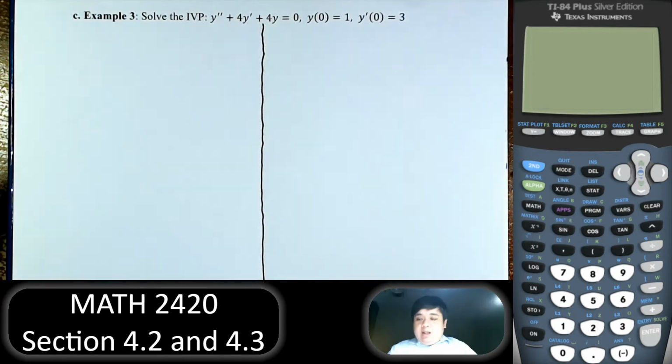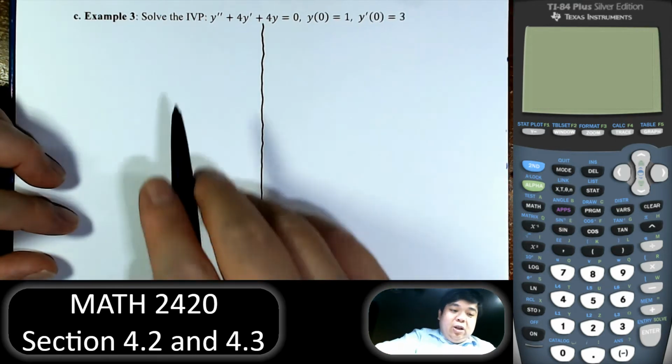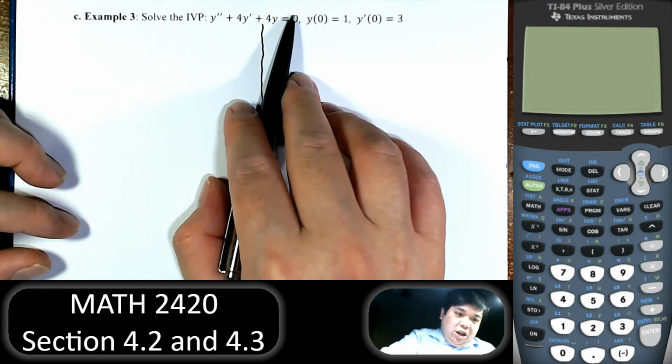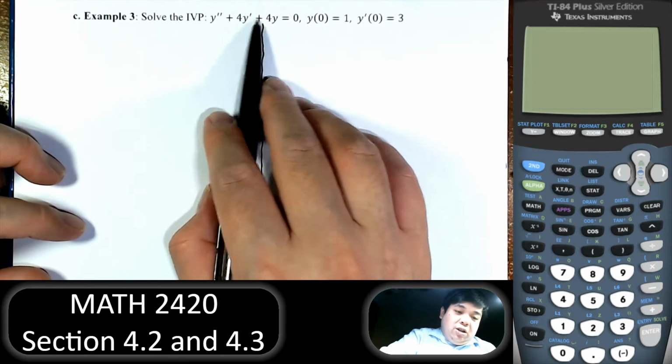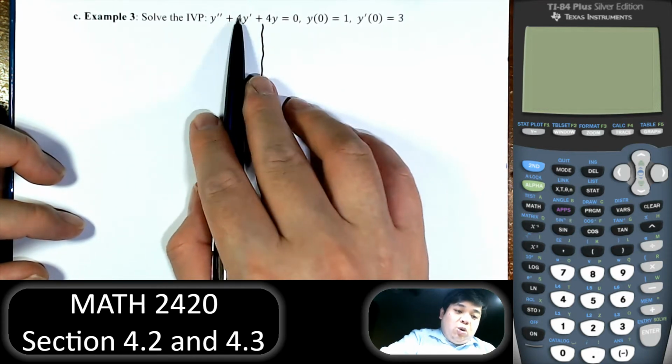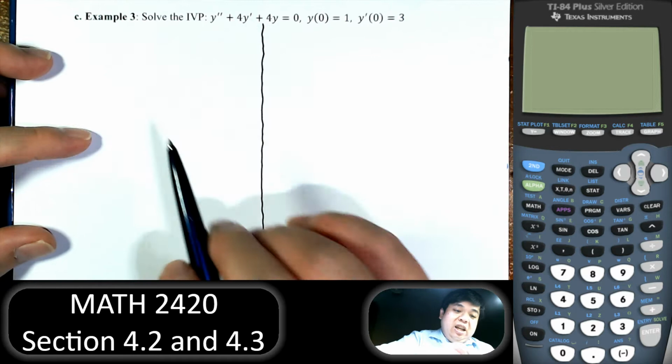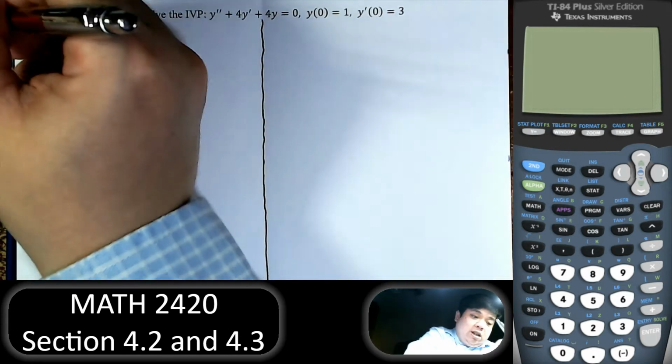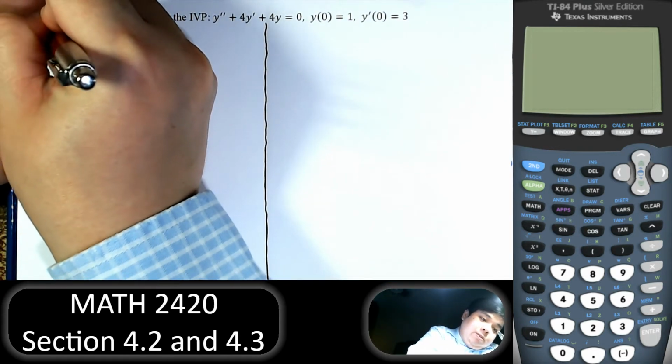Of course, first, the differential equation: homogeneous equal to 0, yes. Second order, yes. Constant coefficient, yes. And of course, it is linear. So we can write the auxiliary equation.